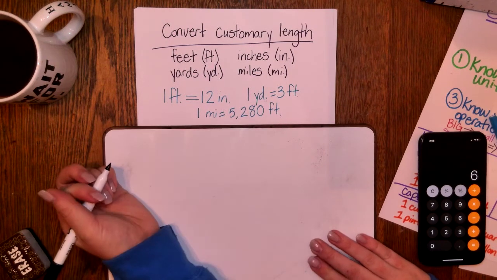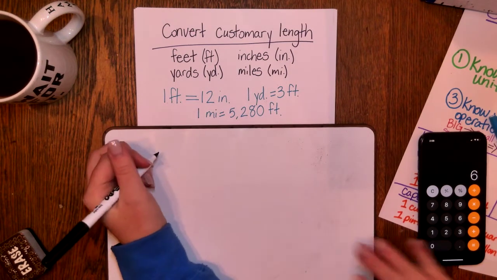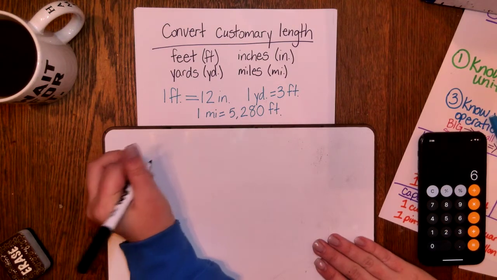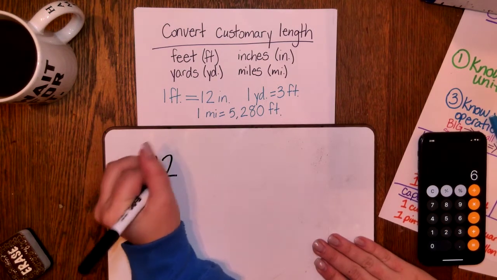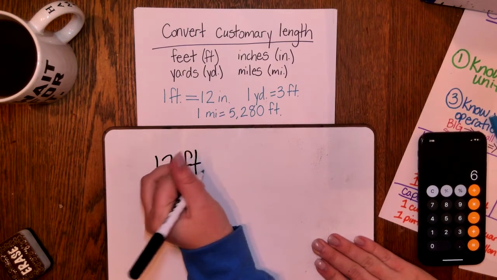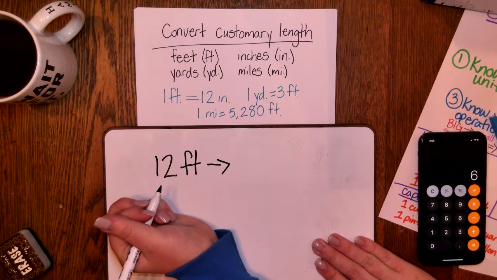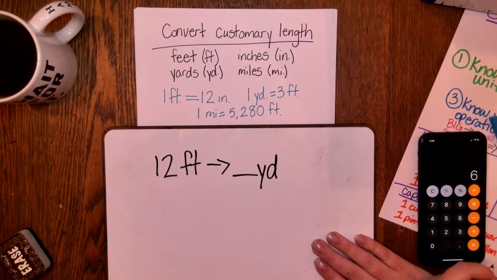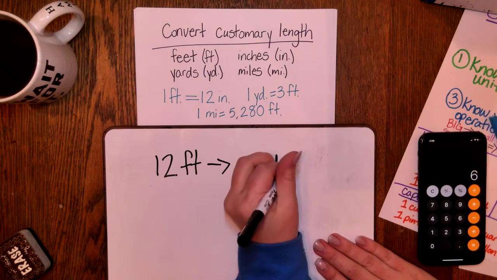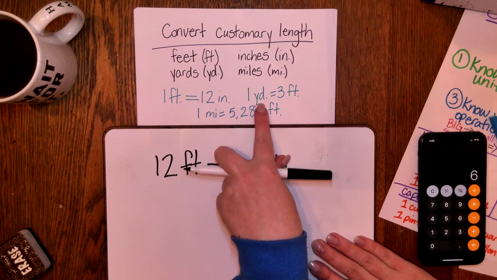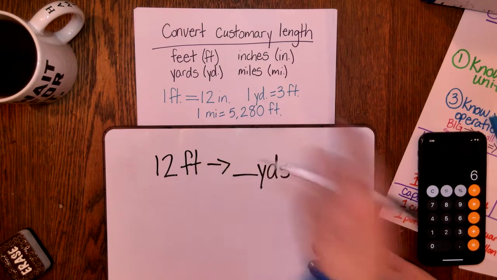Let's say I have 12 feet, and I want to know how many yards that is. Well, I'm going to go back to what I know. I know that 1 yard equals 3 feet.